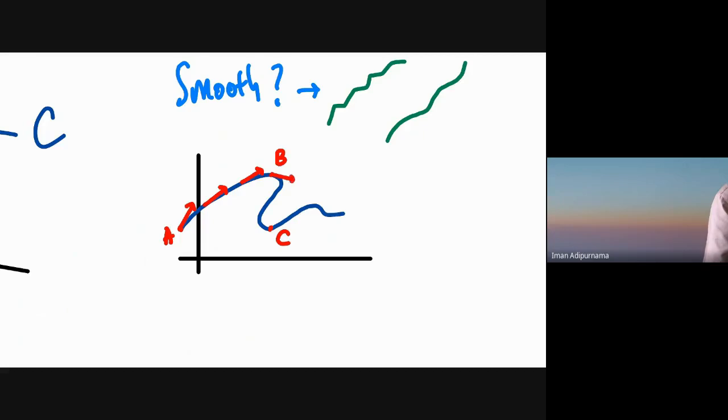From B it's going here, and then here, and then here, and then here, and then here. Look at how fast it's changing. How fast it changes, that's the curvature. Okay, you get it? From the picture, if you compare this with A to B, the change is not too extreme.